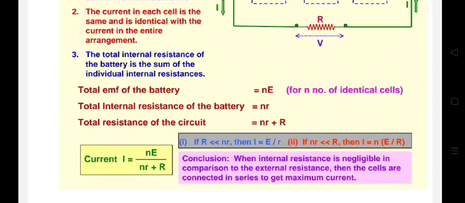So I is equal to E upon r, that is the current will be equal to a single cell. So if the internal resistance is very large, in that situation the combination of the cells in series will be of no use, because the current obtained will be equivalent to the single cell.